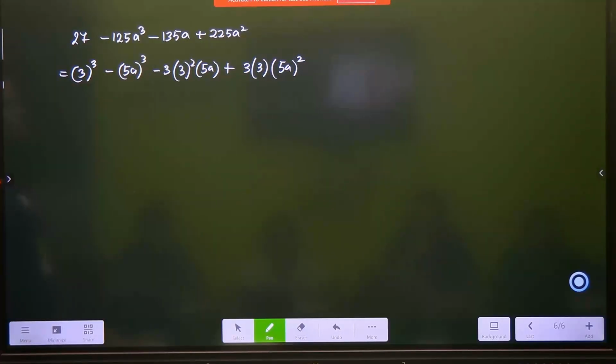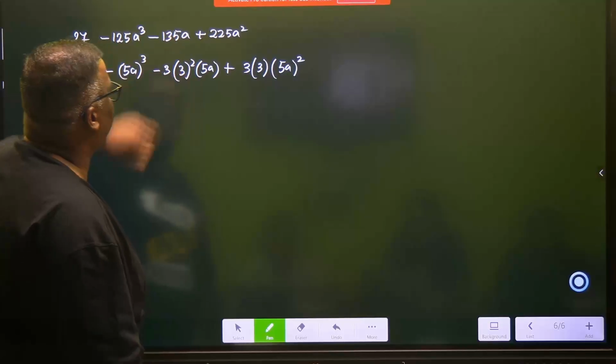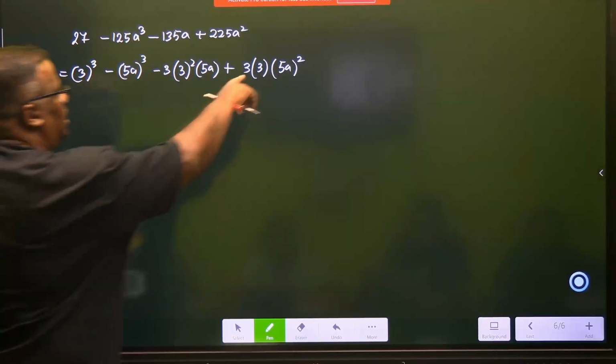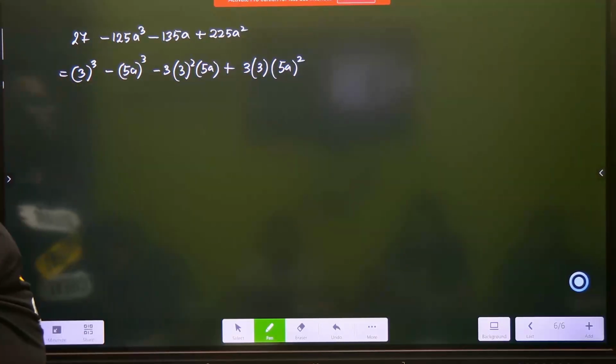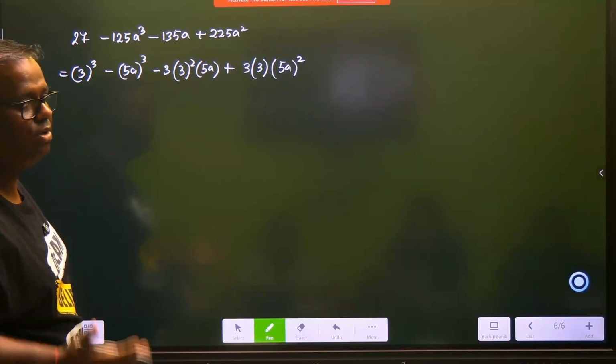Just check this, it will tally. 3 square is 9, 9 3s are 27, 5 135a, and 9 into 25 gives you 225. 10 into 25 is 250, so 9 into 25 is 225.